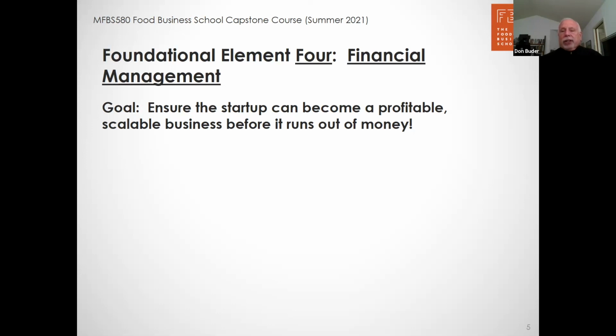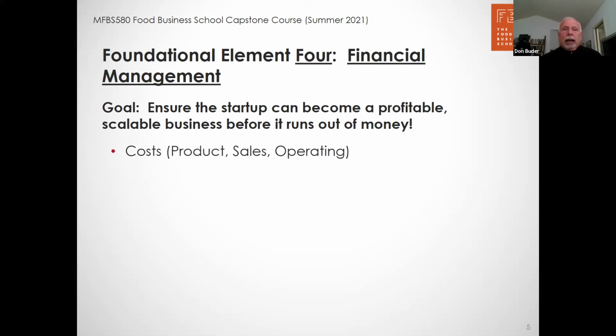So where does the cash come from? We talked about this earlier: friends, family, your savings account, early stage investors, and also from profitability of the product. So we have to mesh those together to make sure that we have enough fuel in the tank to grow.